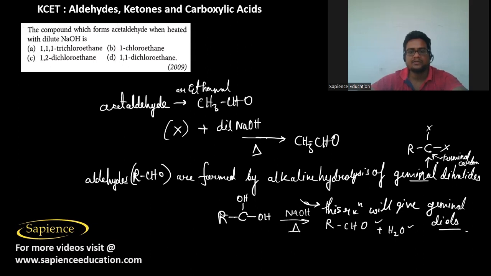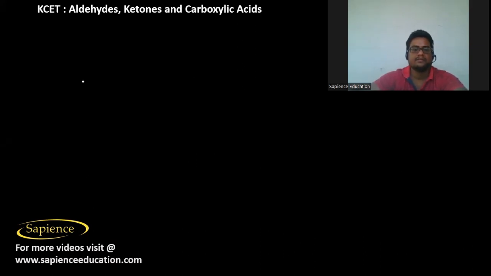So it means that we should have geminal dihalides and it is forming CH3CHO. It means the alkyl group should be CH3.